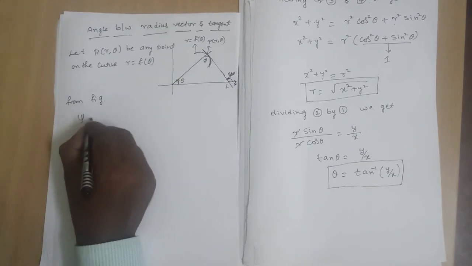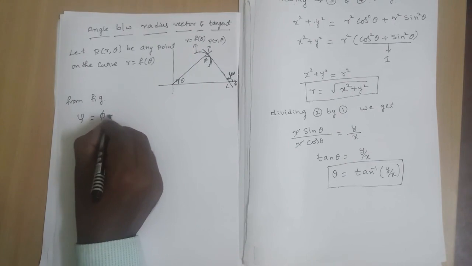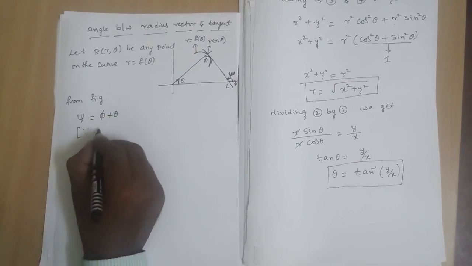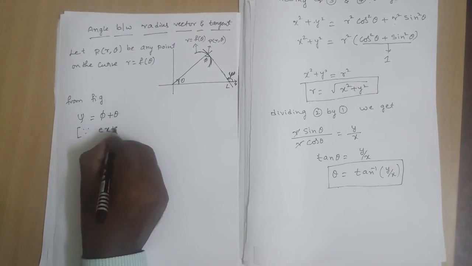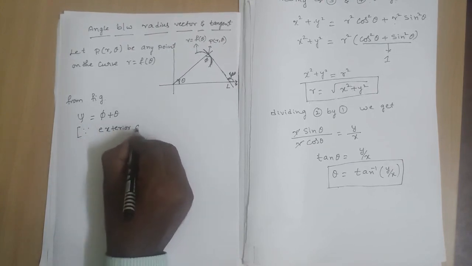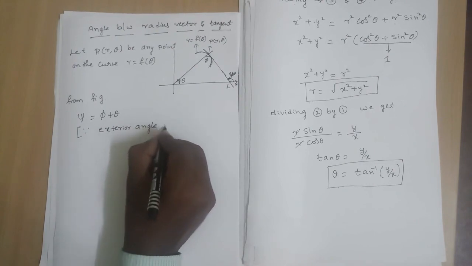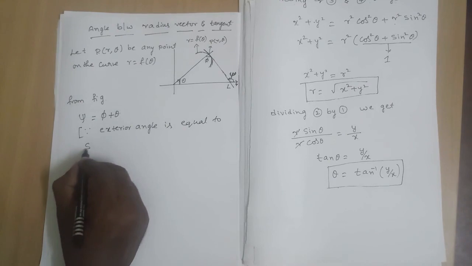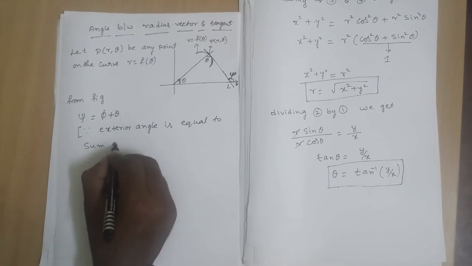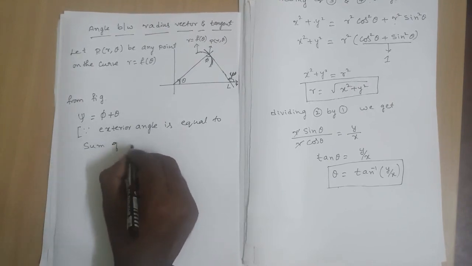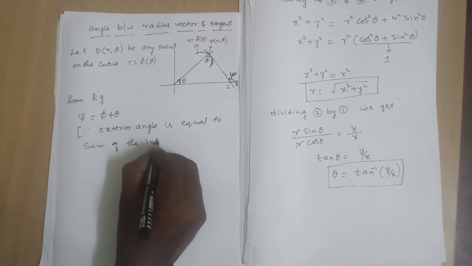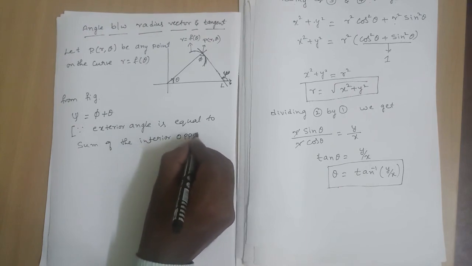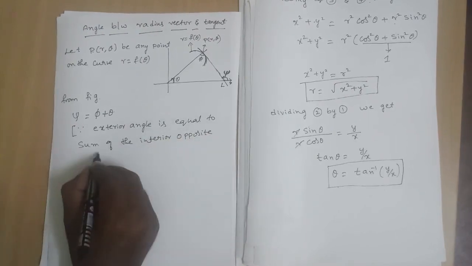So psi equals phi plus theta, because the exterior angle is equal to the sum of the interior opposite angles.